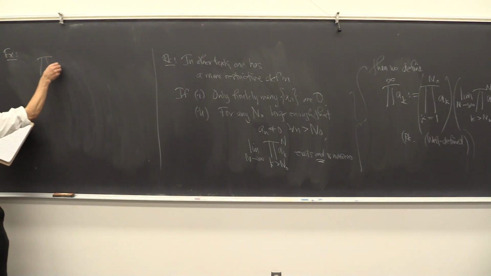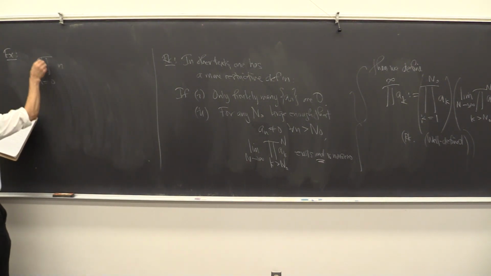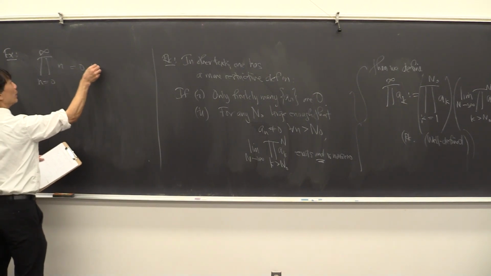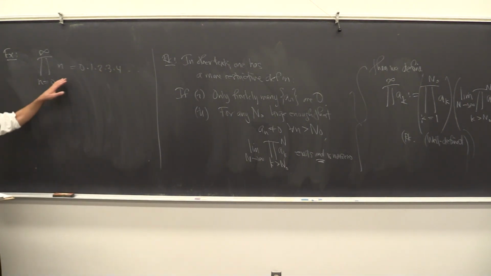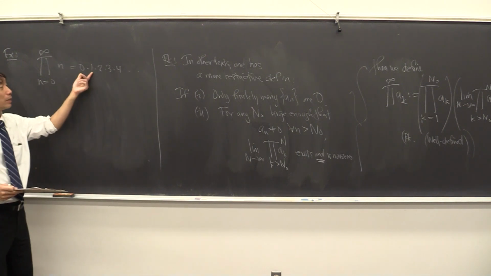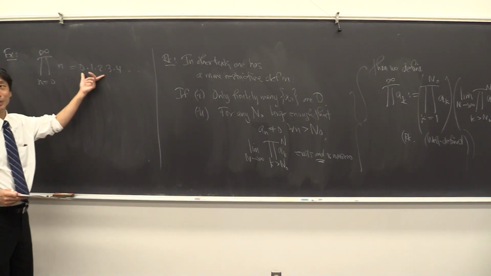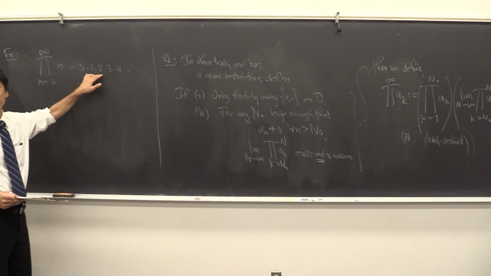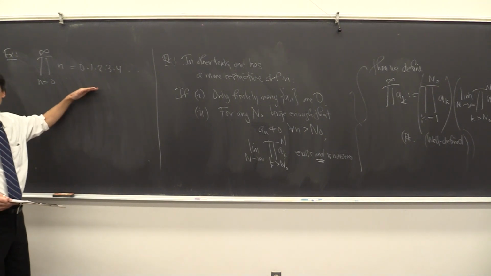If I take the product of n as n goes from 0 to infinity, that's 0 times 1 times 2 times 3 times 4, etc. Then that converges in the simple sense, because the partial products are all 0: 0 times 1, 0 times 1 times 2, 0 times 1 times 2 times 3, all 0. So in Stein's sense, that's just going to be 0.